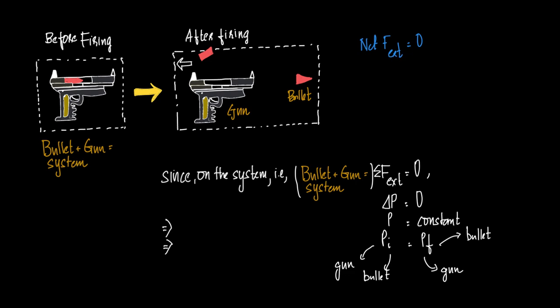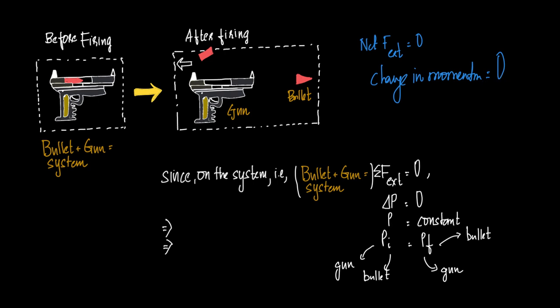And if the total net external force acting on it is 0, then we can say that delta P, or the change in momentum, is equal to 0. Now, when the change in momentum is equal to 0, we can say that P is a constant.